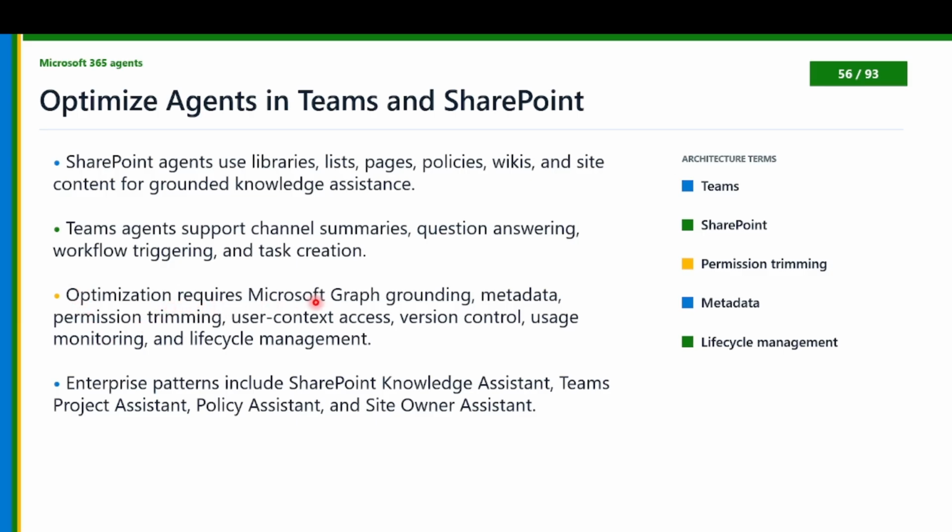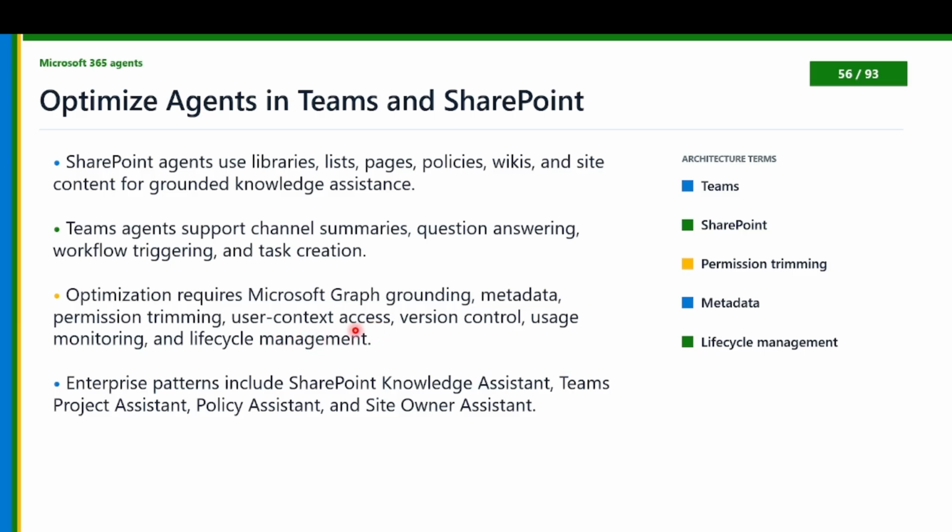Then optimization requires Microsoft Graph grounding, metadata, permission trimming, user context access, version control, usage monitoring, and lifecycle management. So very, very important. If you need to optimize the agent, maybe with a larger knowledge base, then you need to connect using Microsoft Graph, metadata, and also give role-based access control and least privilege, user context access.